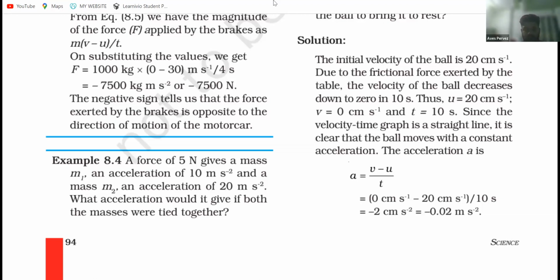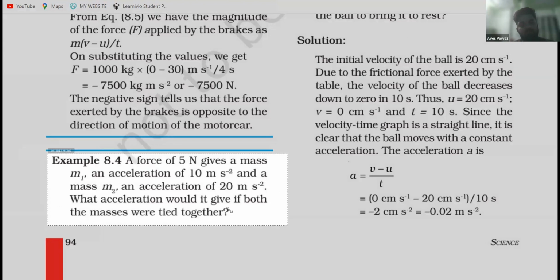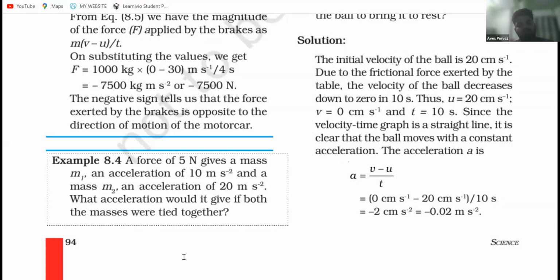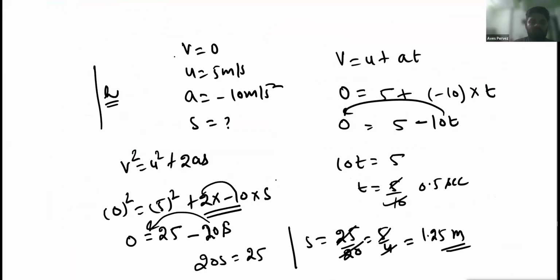Got it, sir. What's the answer? Sir, 6.667 meter per second square. Okay. So how did you do this question, Ramesh? Yes, sir. I found out the M1, which is F equals M into A. So 5 equals M1 into 10 meters per second square.